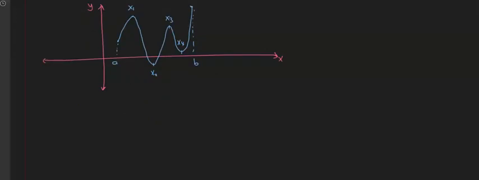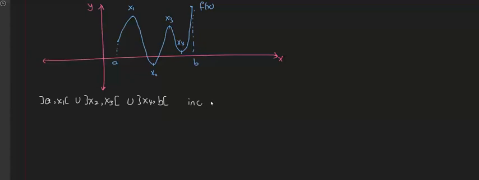Now consider that we have this f of x as given and that we know its graph. From this graph we might say that we have increasing intervals from a to x1 union from x2 to x3. Union, also the function is increasing from x4 to b.